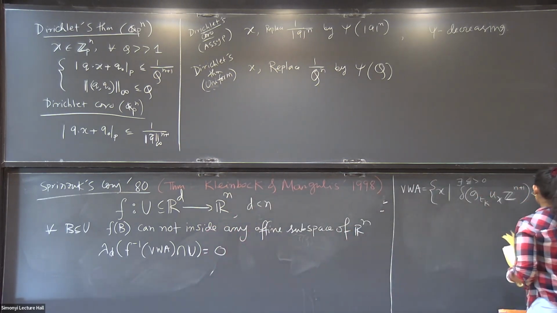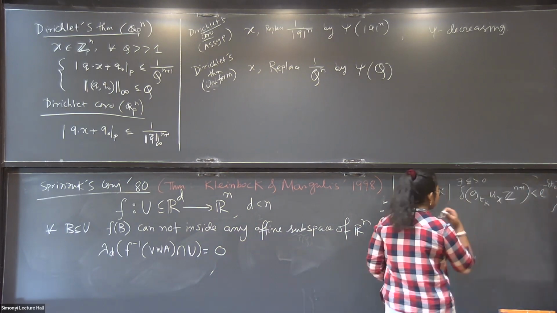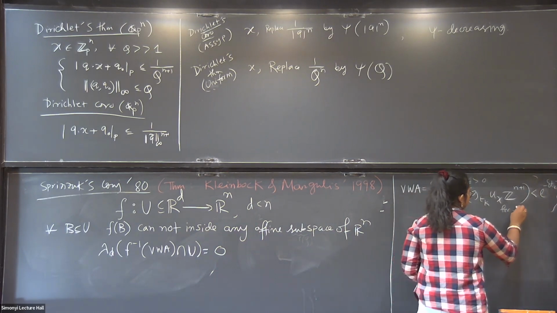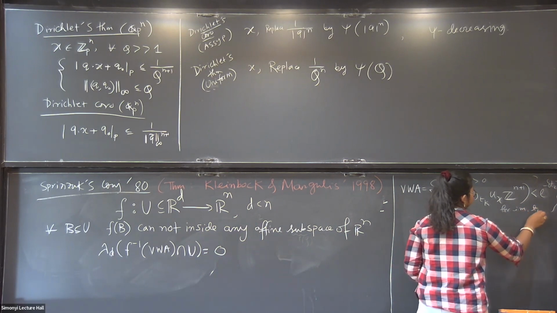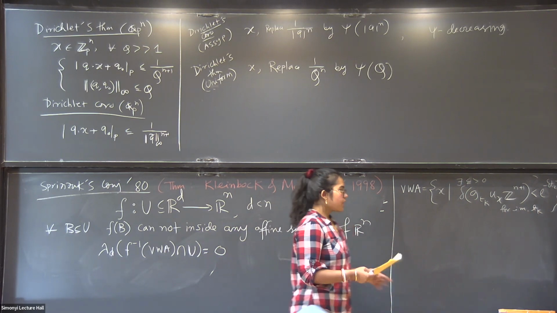In this case, it's just e to the power minus delta t_k for infinitely many t_k. So this is again a lim sup set.